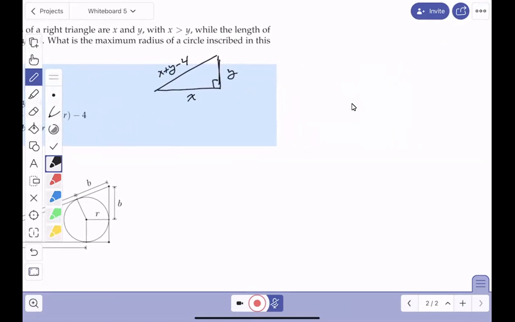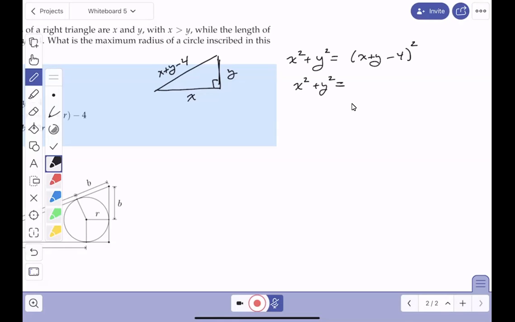All right, but what would I do now? I'd probably say X squared plus Y squared is equal to, well, it's a right triangle, that's pretty simple, X plus Y minus 4 squared. It's going to be X squared plus Y squared.